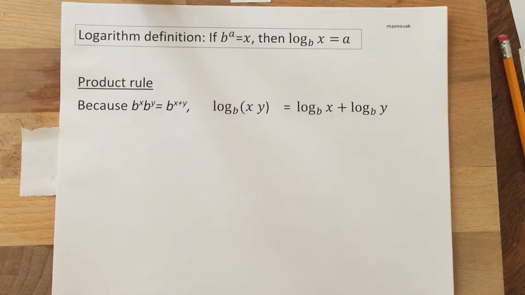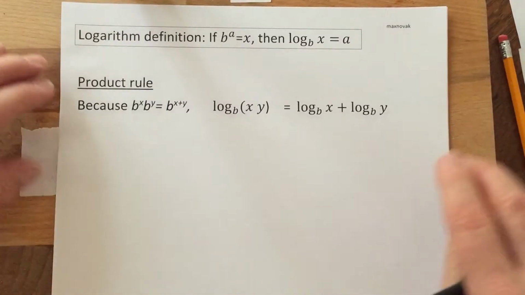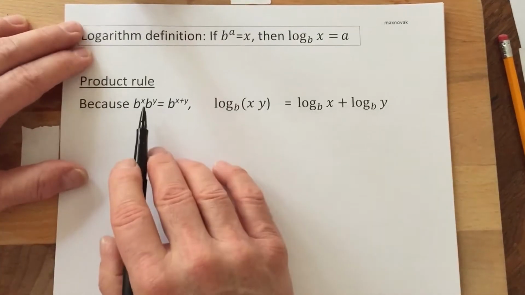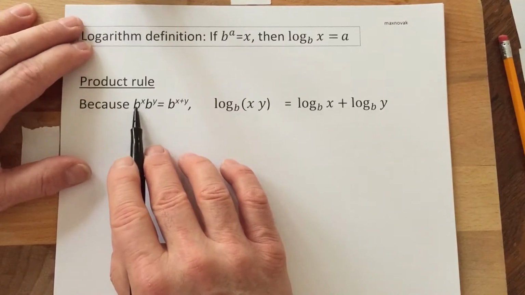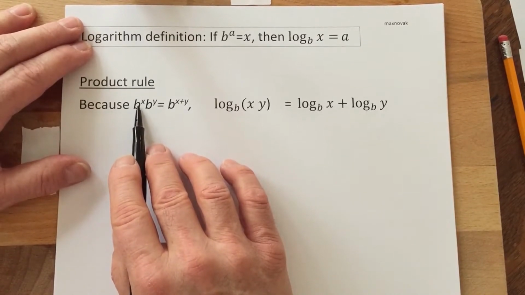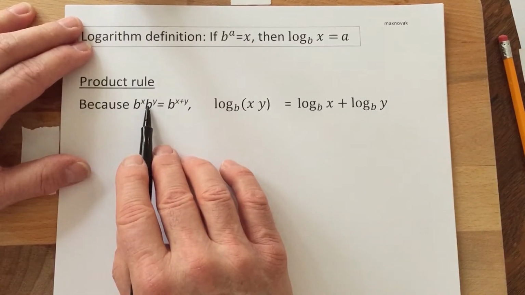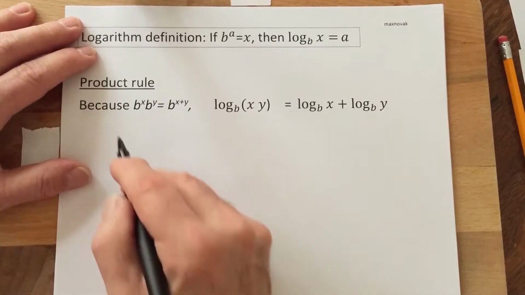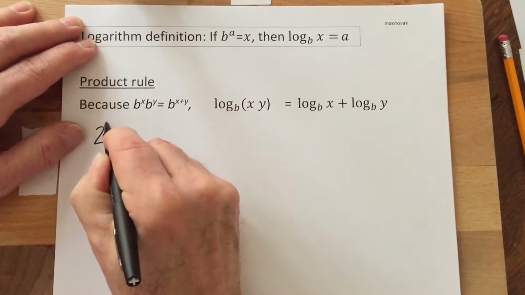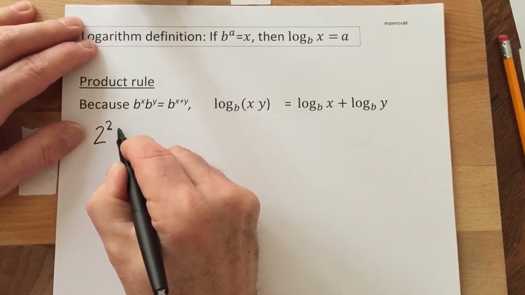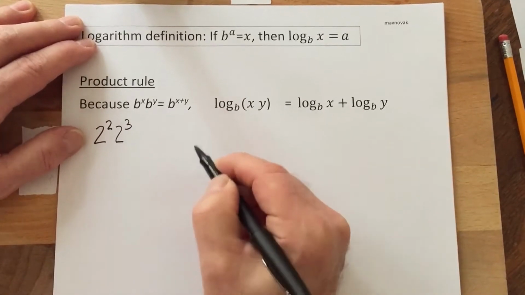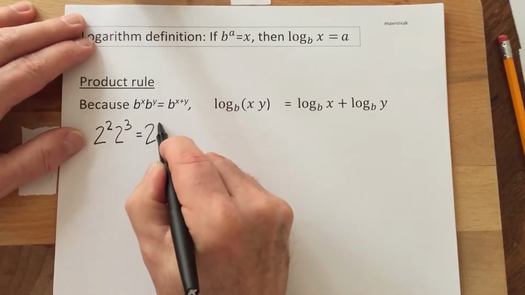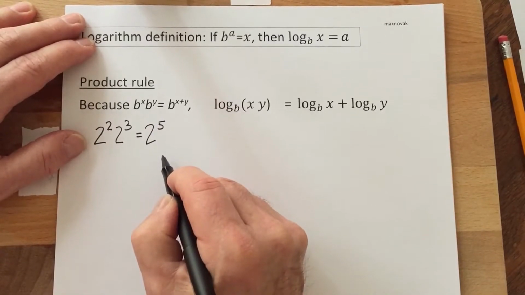First, we'll look at the product rule. So you may recall that if you have some base to a power, multiply that by that same base to a power, that's equal to that base to a power. So for example, 2 to the second times 2 to the third equals 2 to the fifth.